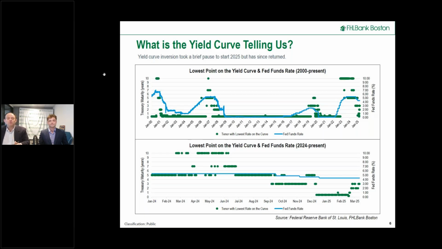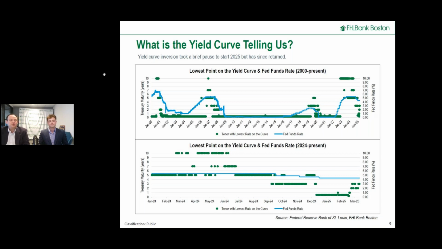So it doesn't give you the whole picture of the yield curve. This was something that we've been noodling over for a while and wanted to put out there in terms of looking at what maturity on the yield curve from 0 to 10 years was the lowest at any given point in time. And we also overlaid the Fed funds rate as well.